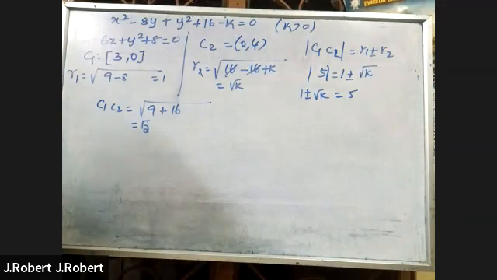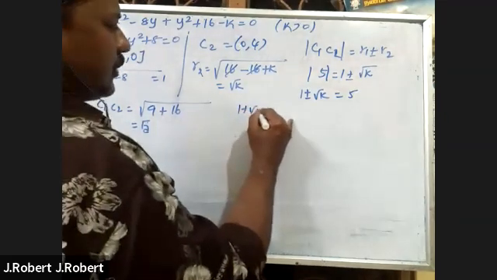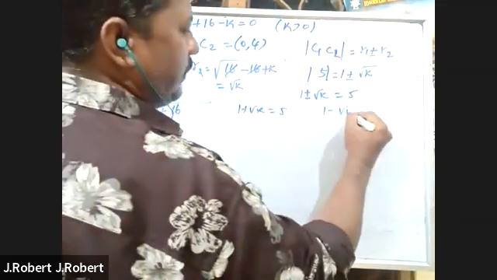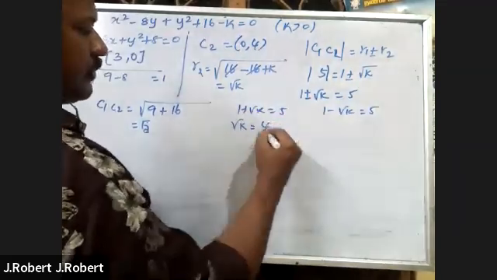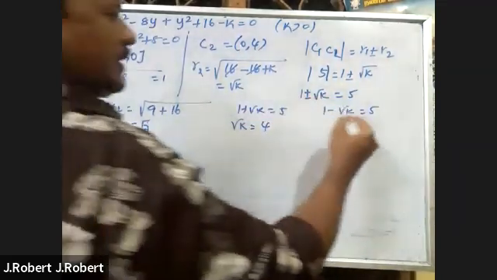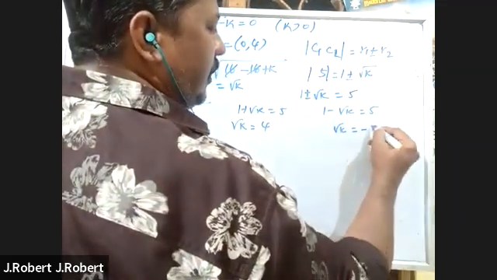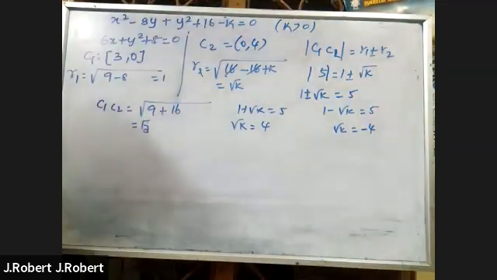Okay, so there are two values. First one, 1 plus root k is equals to 5. Another value, 1 minus root k is equals to 5. Your root k is equals to 5 minus 1, which is equals to 4. Here, similarly, root k is equals to minus 4, and 1 minus 4 is minus 1, right?